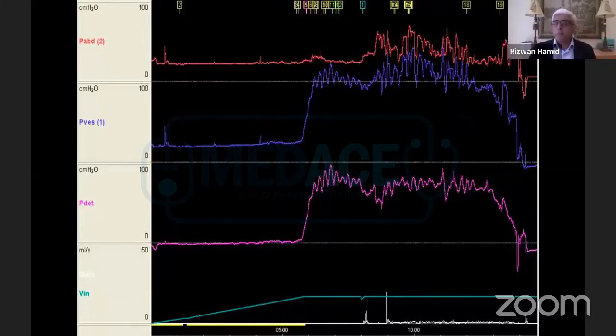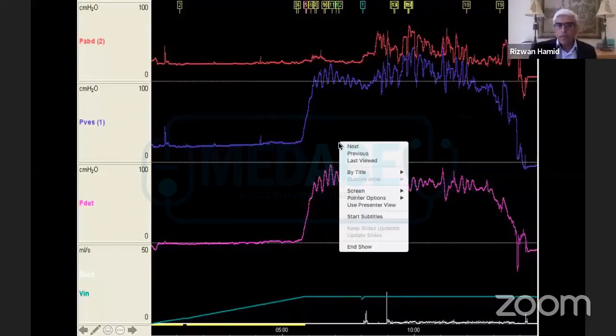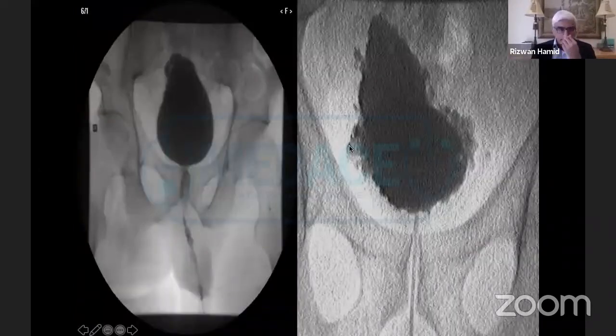This was in spina bifida boys done 40 years ago. We still use that because if the pressure is more, and here you can see it is much more than 40 and is sustained for a long period of time, then the upper tracts can't drain, and that is a dangerous situation.